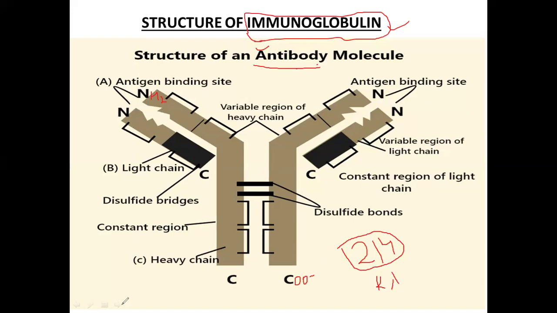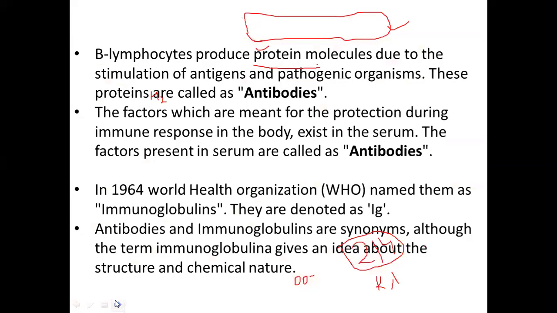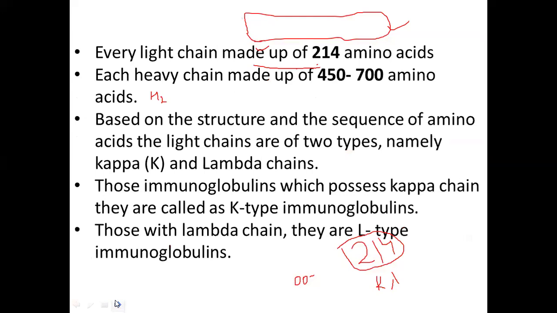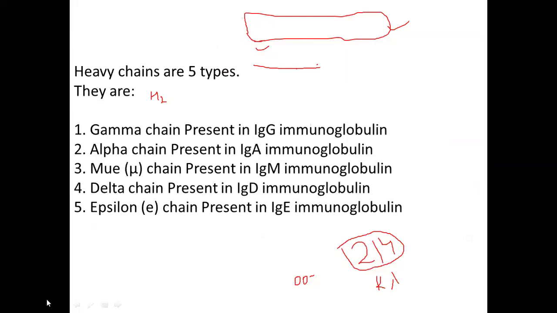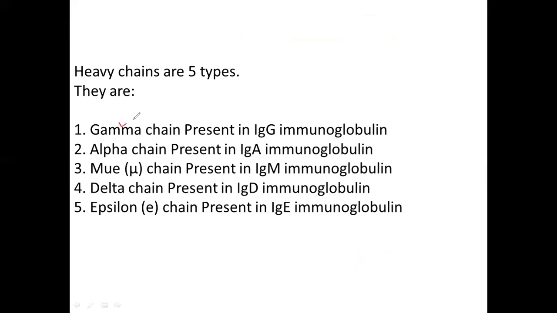Let's go to the next slide. So these are the 5 types of heavy chains. So gamma chain, alpha chain, mu chain, delta chain, and epsilon chain. So they are named based on the presence of the heavy chains. So if the heavy chain is made up of gamma chain, we call it as IgG.